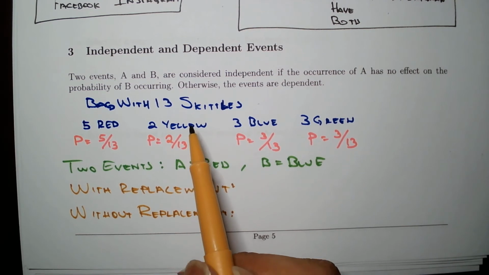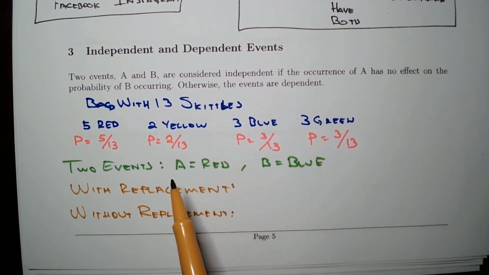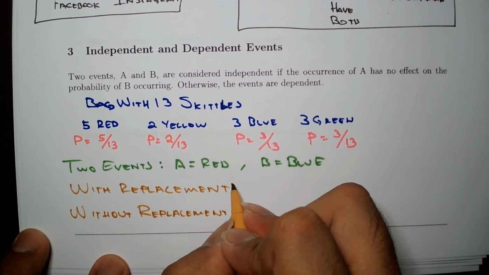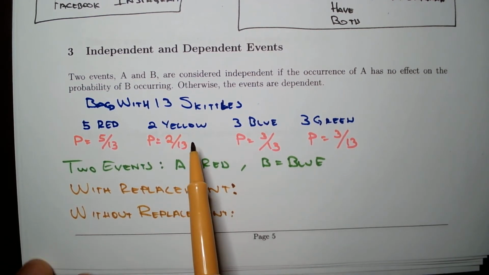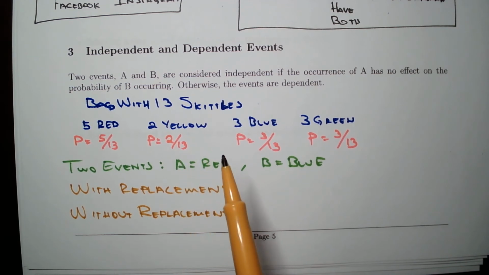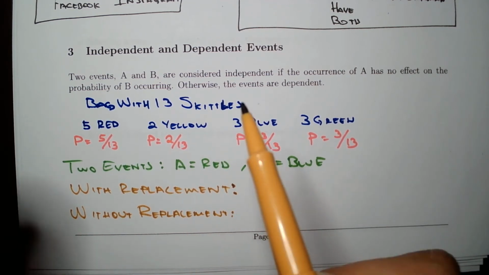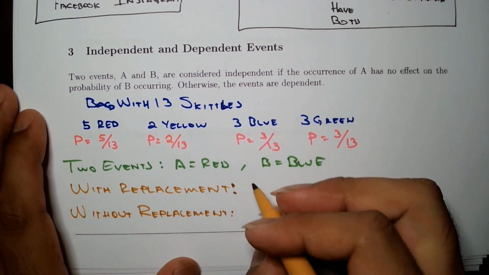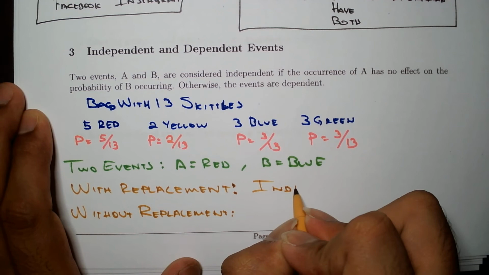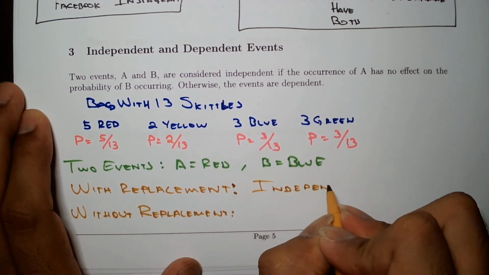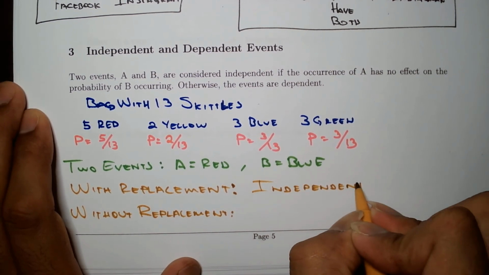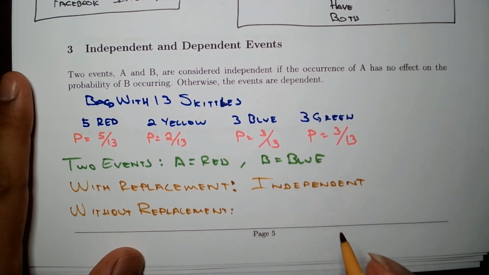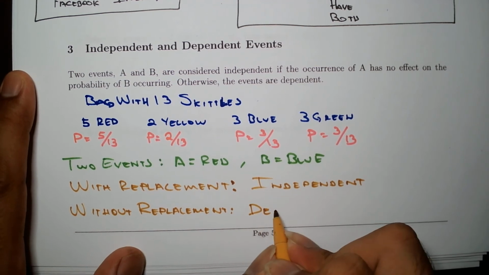So let's say we get the first Skittle, and if with replacement, whatever the Skittle we get, we put it back in the bag, all right. So in this case, this is independent.